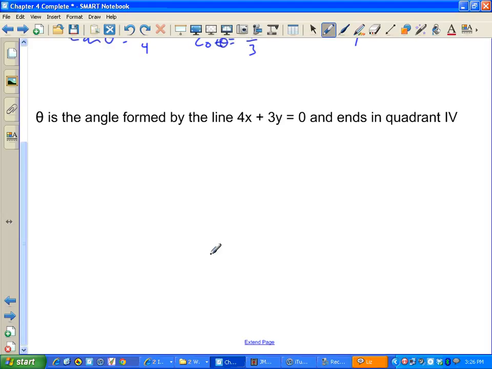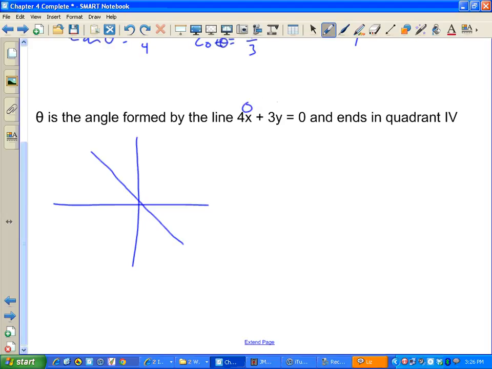Another way they could do it is they could give you an equation. Okay, so they're giving me some line equation, and they're saying that it ends in quadrant 4, so I must have some kind of equation that goes through here. Okay, and it does go through the origin, which is going to have to be a prerequisite.